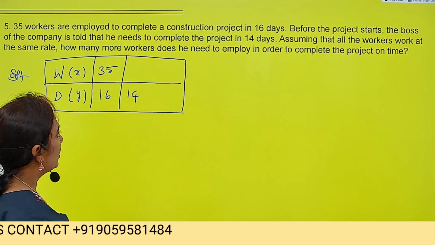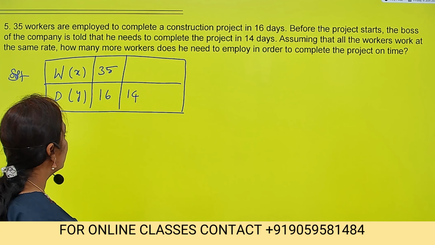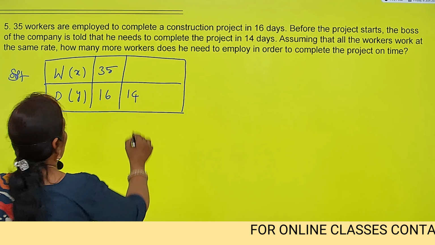Assuming that all the workers work at the same rate, how many more workers does he need to employ in order to complete the project on time?